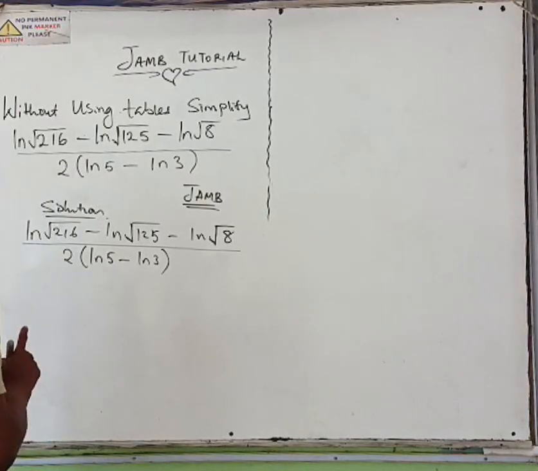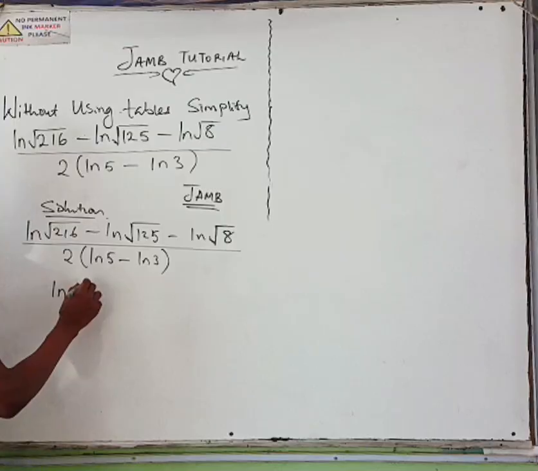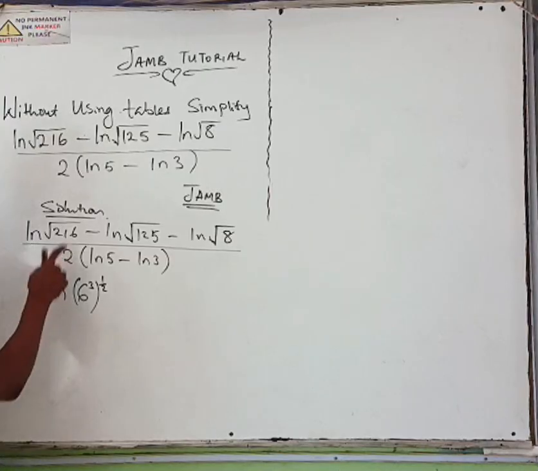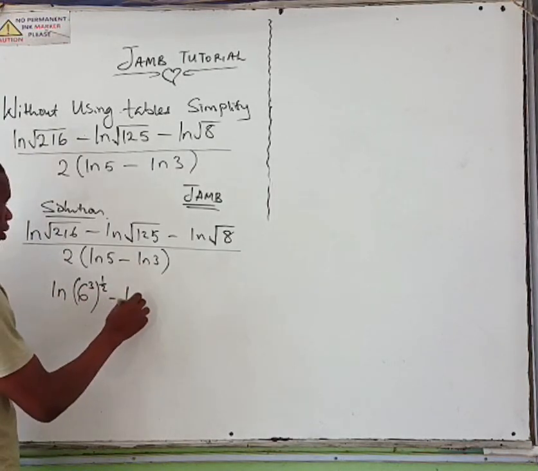So this becomes ln of 216, which is 6 raised to the power of 3, and the square root is the same thing as the power of 1 over 2, minus ln.